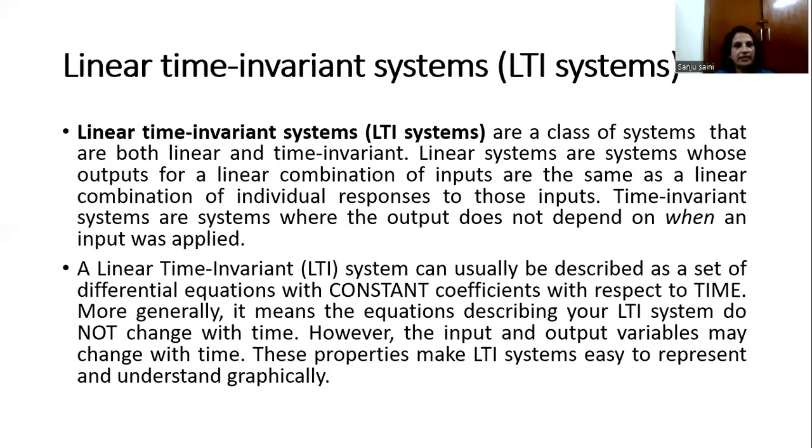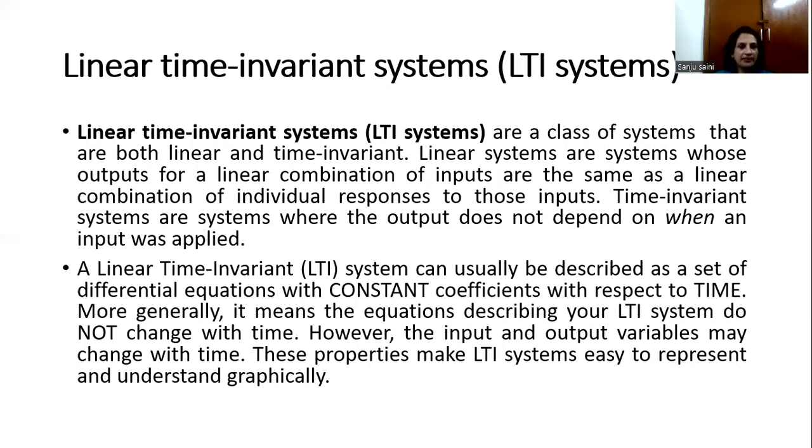So what are the linear time invariant systems? We have already come to know about the systems which are the linear ones, following the principle of superposition and homogeneity. In case the system is linear, means it is obeying both these principles, then we have to talk about the time invariance.